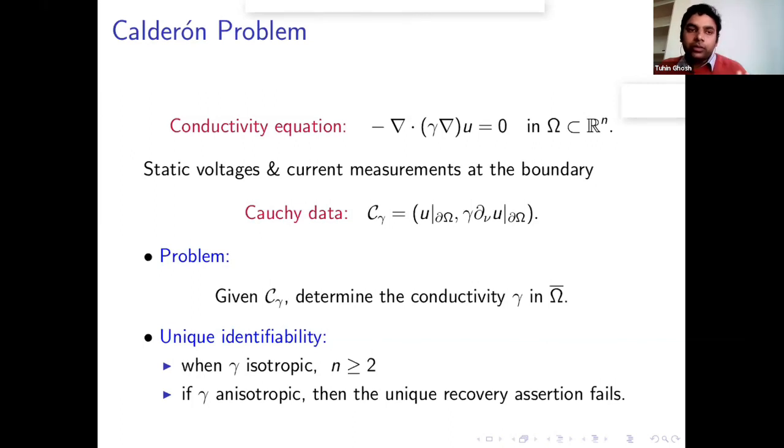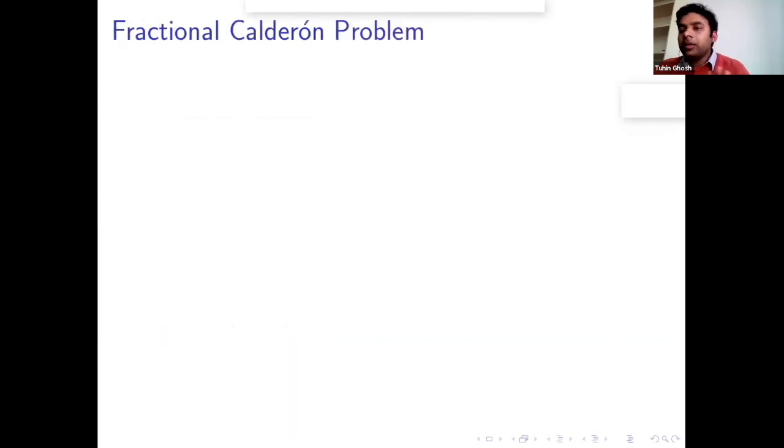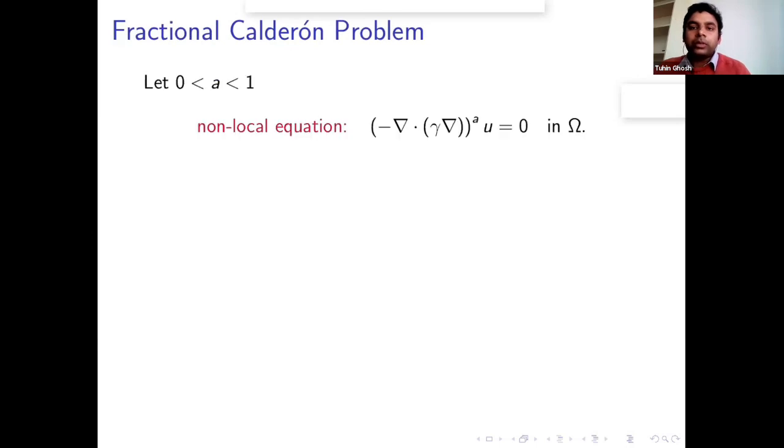That means you have the leading order term as the Laplacian, and then some zeroth order perturbation, and at the end the magnetic Schrodinger equation was discussed. So the leading order term still remains the Laplacian, then you have first order and zeroth order perturbations. Of course, you can talk about those problems in the fractional Calderon problem, but I just want to tell you about this particular problem, which is very analogous to the Calderon problem.